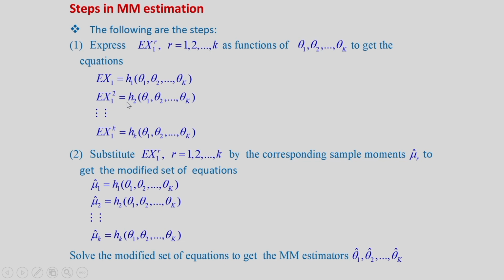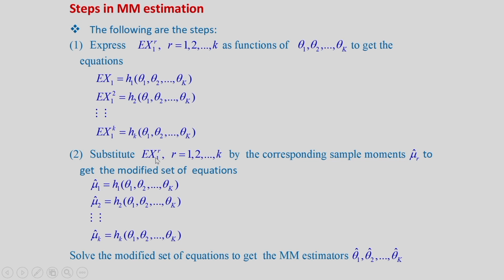Similarly, E of x1 square is equal to h2 of theta 1, theta 2 up to theta k, and so on up to E of x1 to the power k, that is a function of theta 1, theta 2 up to theta k, and this function we call as hk. So that way we have k equations relating the moments with the parameters.